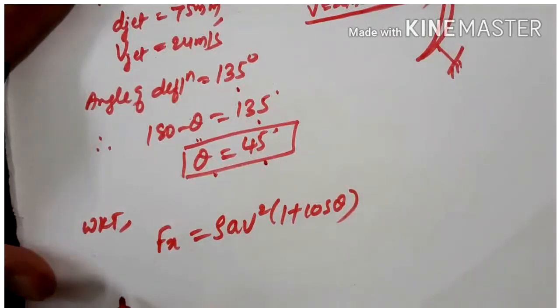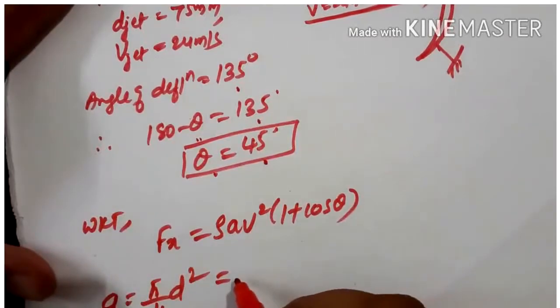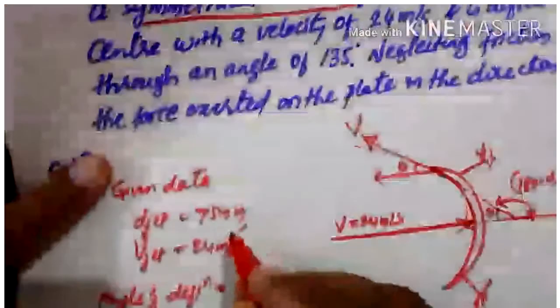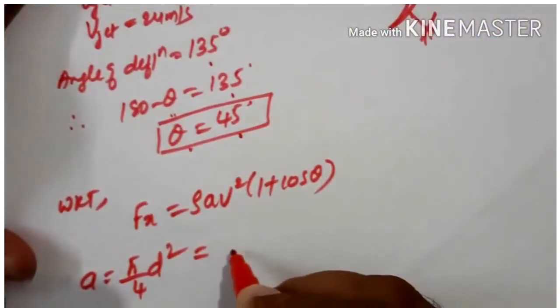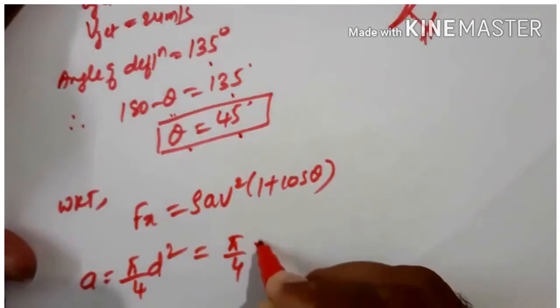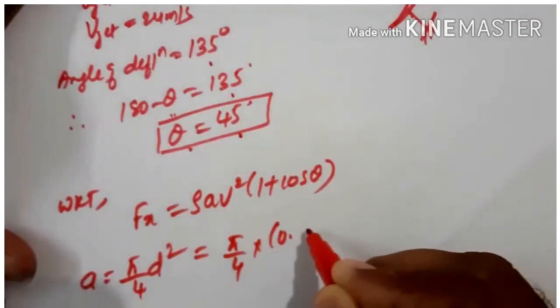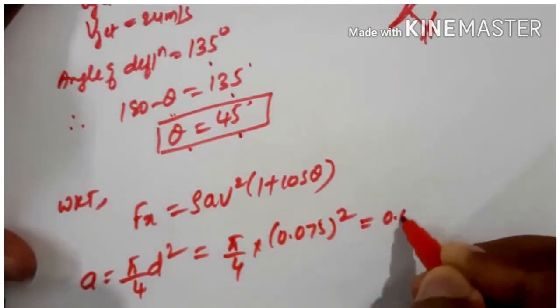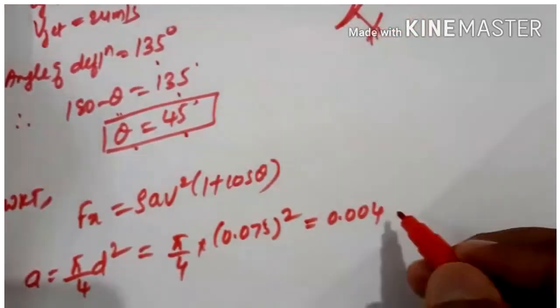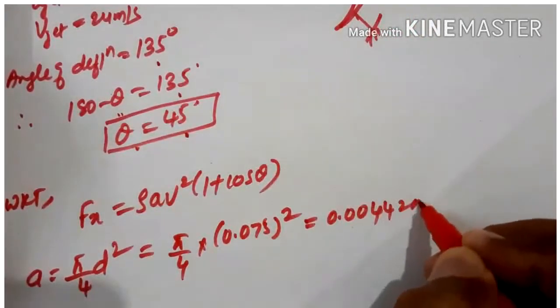Here the area will be pi by 4 d square, because the diameter of the jet is given. Substituting the value of the diameter, you will get the area as pi by 4 into 0.075 whole square, which is 0.00442 meter square.